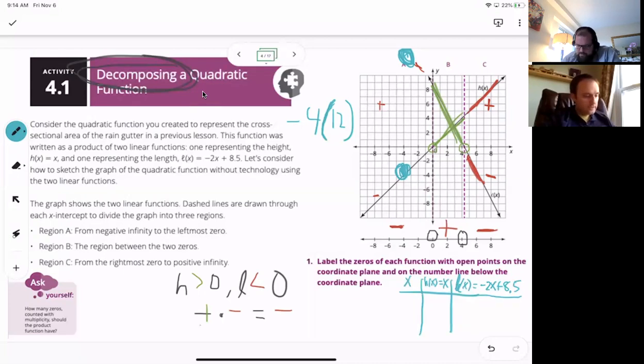If we choose an x value in region A, I'm going to choose -1. So h of x is -1, and then L of x will be 10.5.